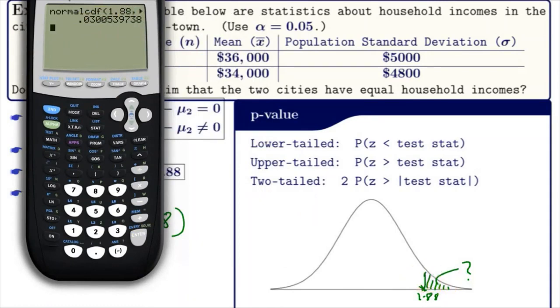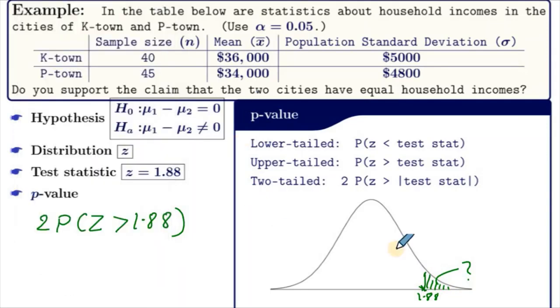This number that you are seeing on the screen is the area on this side. So let me write that down over here. So this area over here is 0.0301. And remember, this is a two-tailed test. So if that area is 0.0301, then this should also be 0.0301.